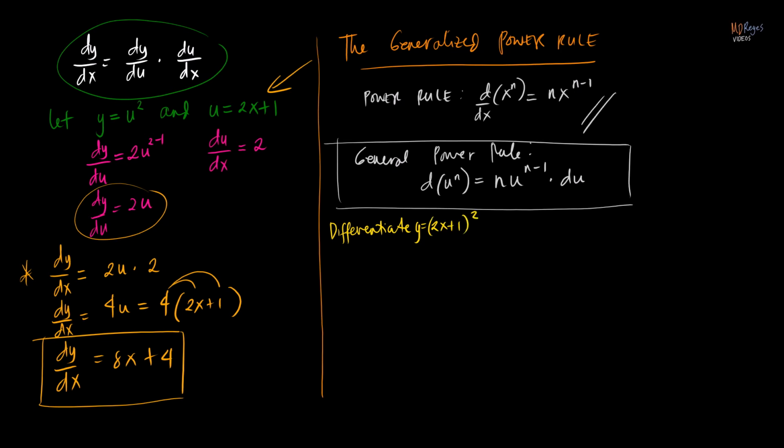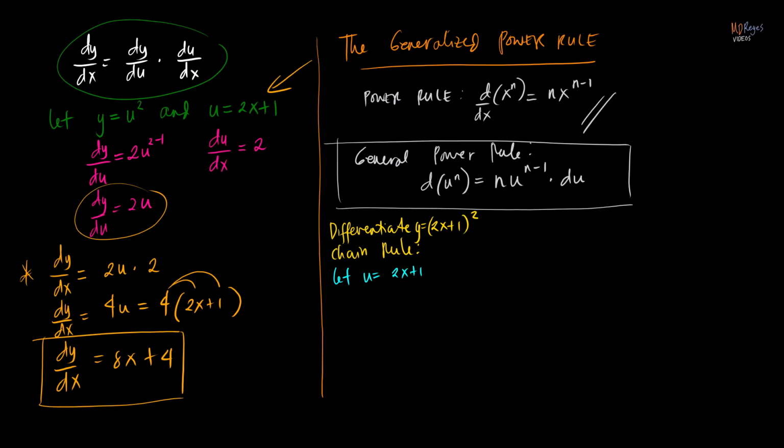That's the same function in the previous example, on the left side of the screen. Now using the chain rule, we have to write y as a function of u. So let u be equal to the base, 2x plus 1.